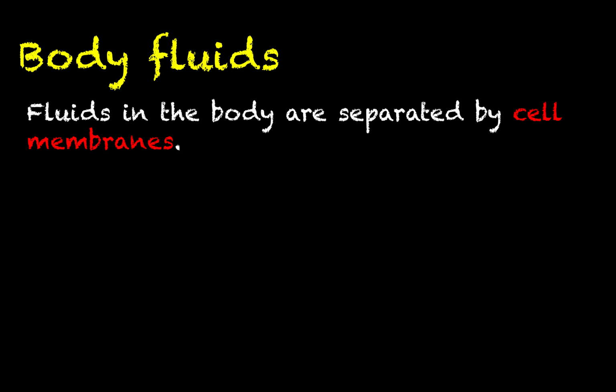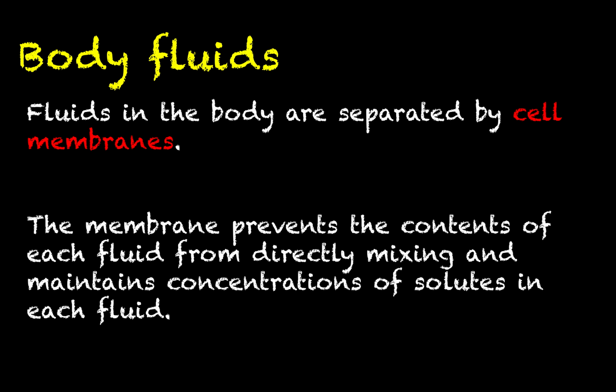But what I want to spend most of our time in this video talking about is the microscopic compartmentalization that we see in the body. The first thing to understand is that all fluids in the body are separated from each other by cell membranes. And cell membrane structure and function, of course, is something that we will be talking about in a separate video later on.